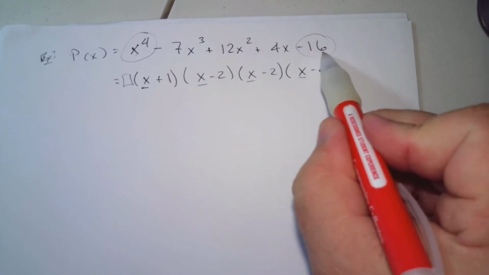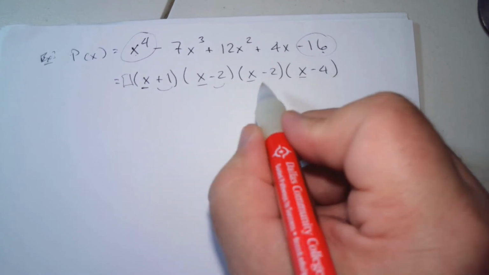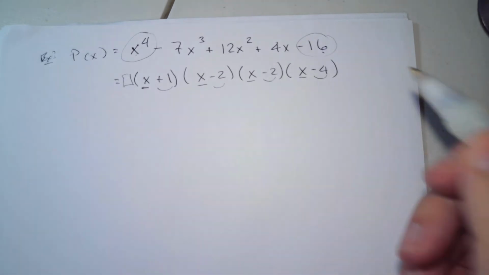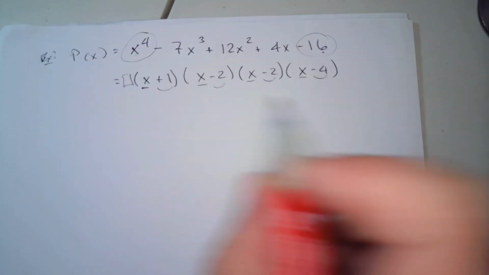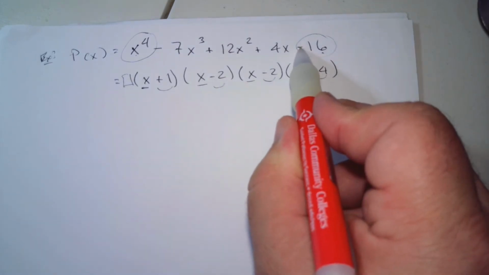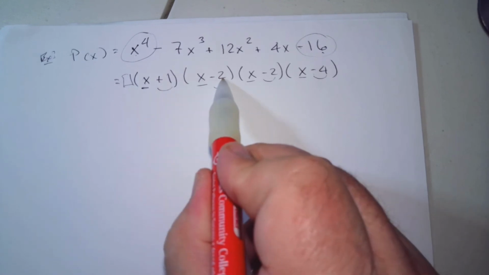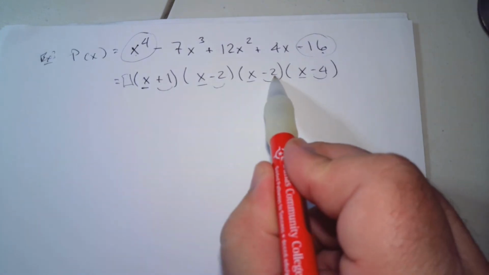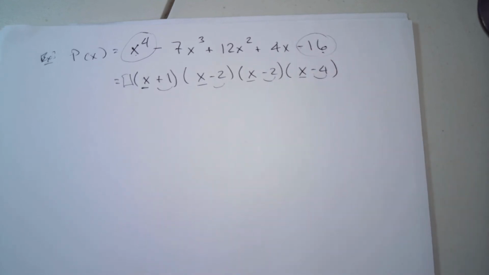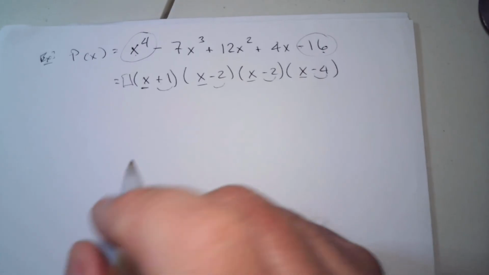The last term comes from positive 1 times negative 2 times negative 2 times negative 4. There are 3 negatives, so the answer is negative. 1 times 2 is 2. 2 times 2 is 4. 4 times 4 is 16. So that's where the numbers come from. And the rest of the stuff in the middle, that's for next time.